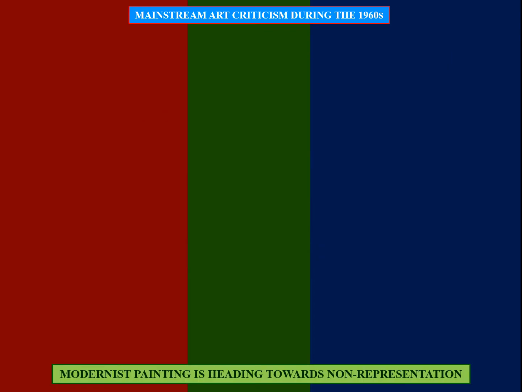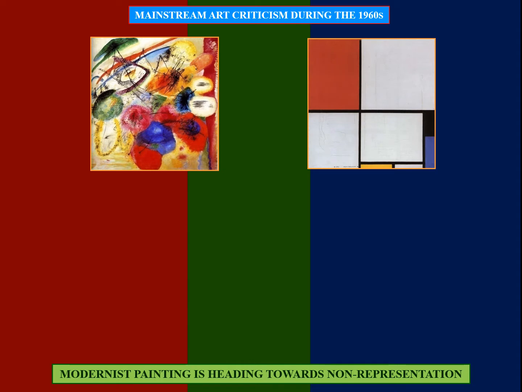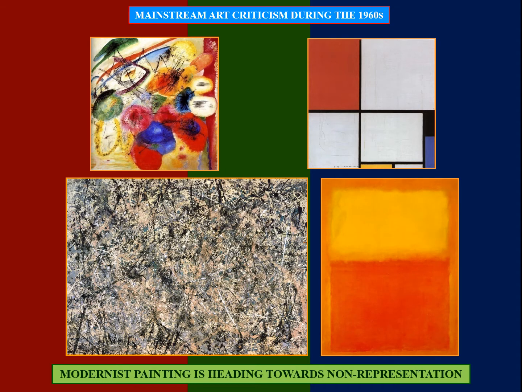And we saw the start of non-objective painting, non-representational painting in the early 20th century with German Expressionism on the left there, Kandinsky work, and geometric abstraction, Mondrian's style, on the right. And that trend of modernist painting towards non-representational continued into what we just left, abstract expressionism, both branches.